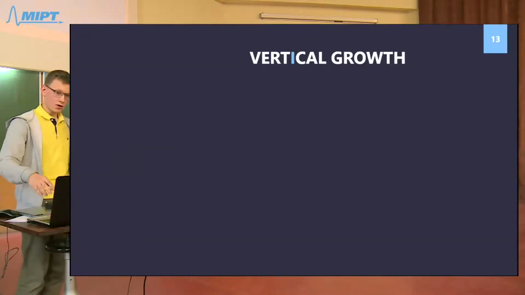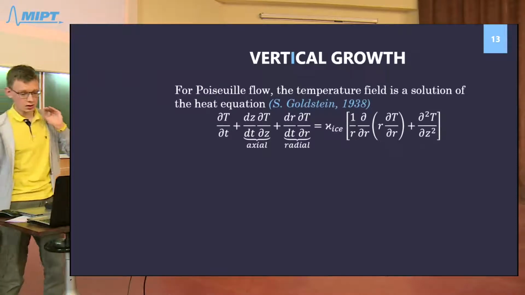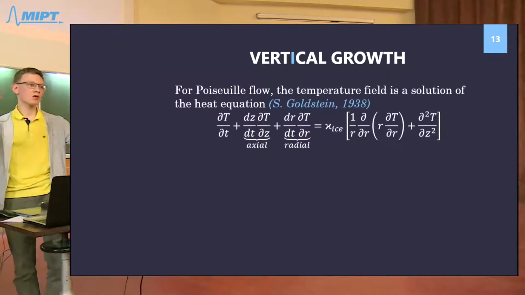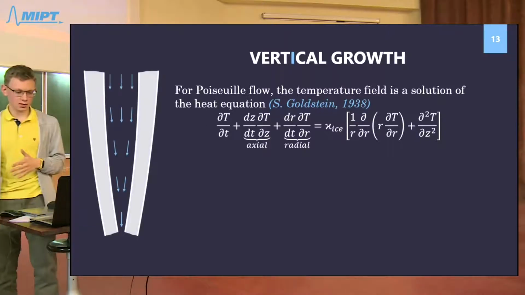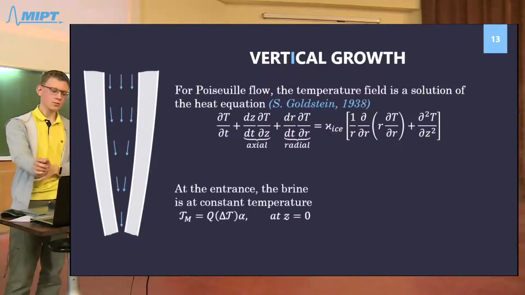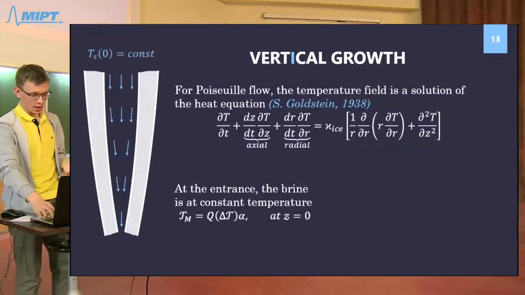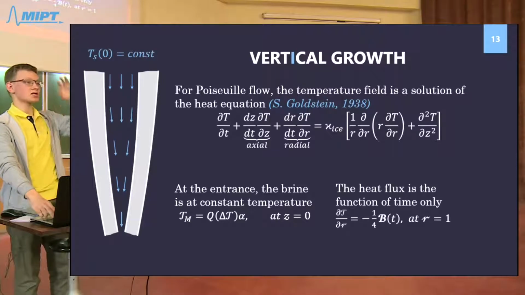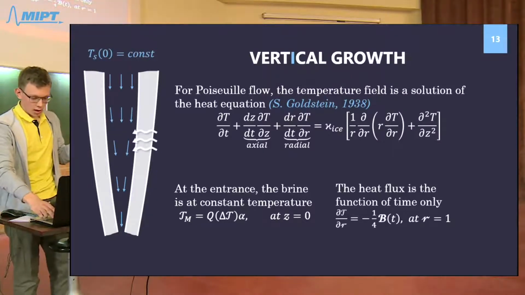Then vertical growth. For Poiseuille flow, there is a special equation that can be solved with a number of boundary conditions. First of all, at the entrance, the brine temperature is constant. Then the heat flux at a fixed Z coordinate is just a function of time.